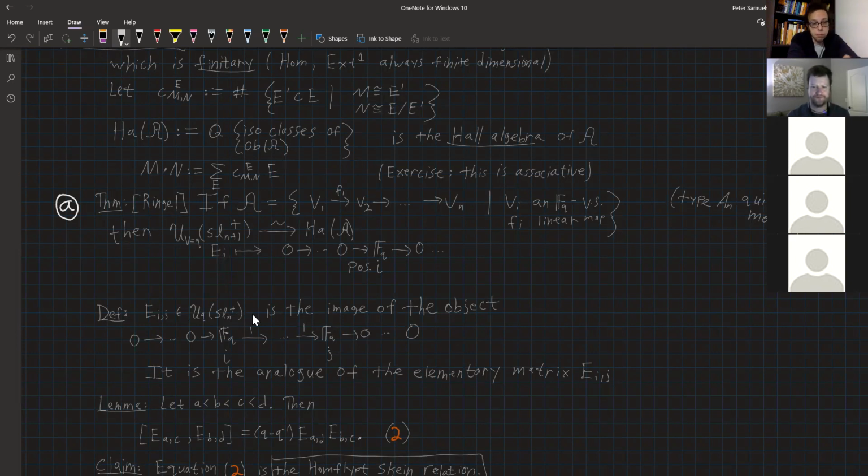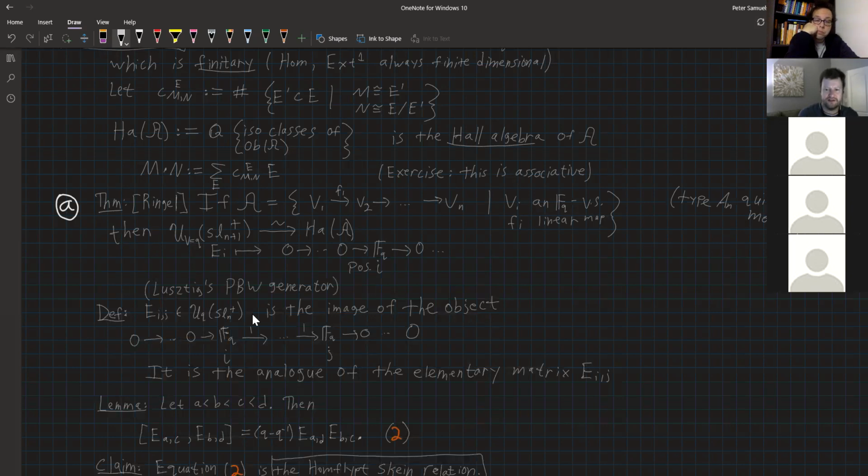These are Lusztig's PBW basis generators, the analog of the elementary matrix where there's a 1 in position ij. Lusztig defined these using the braid group action in a subtle way, but they satisfy some nice relations.